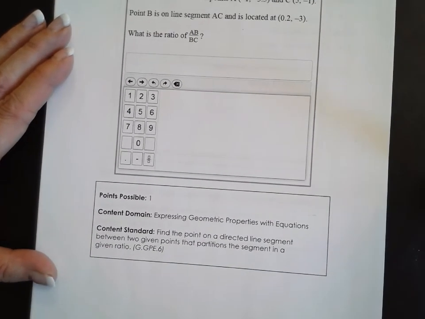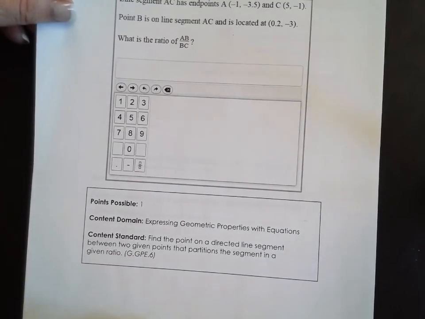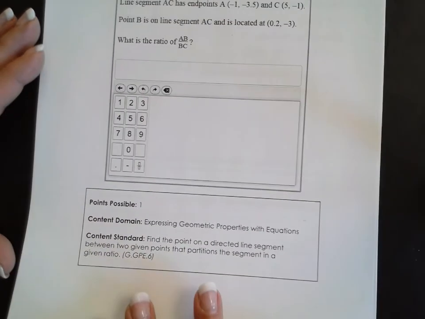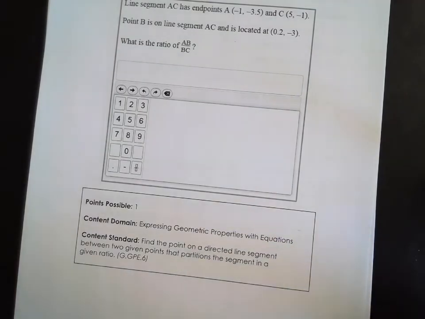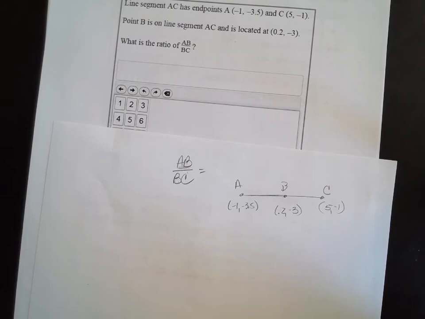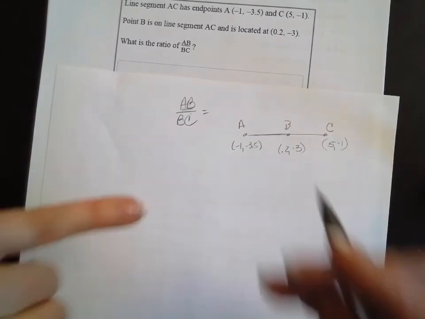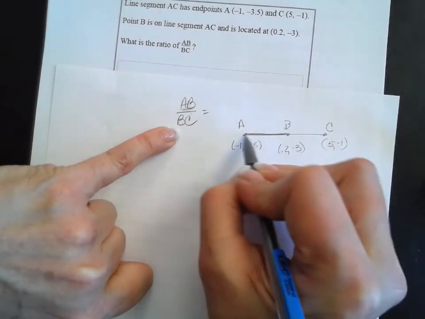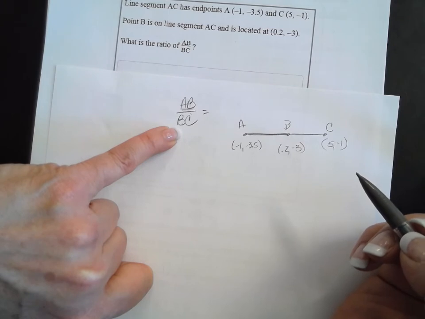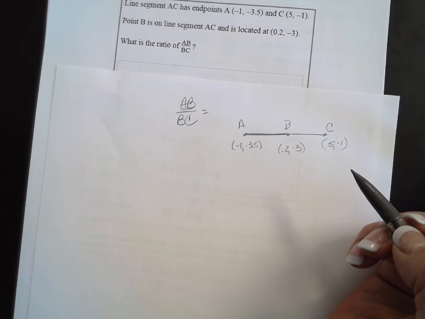All right. Line segment, endpoints -1, -3.5 and 5, 1. B is on line segment AC and located... What's the ratio? What are they even asking for? Okay? They basically are asking for the distance of the two lines. So that means I have to find the distance between AB and then find the distance between BC. How do you find the distance between something?